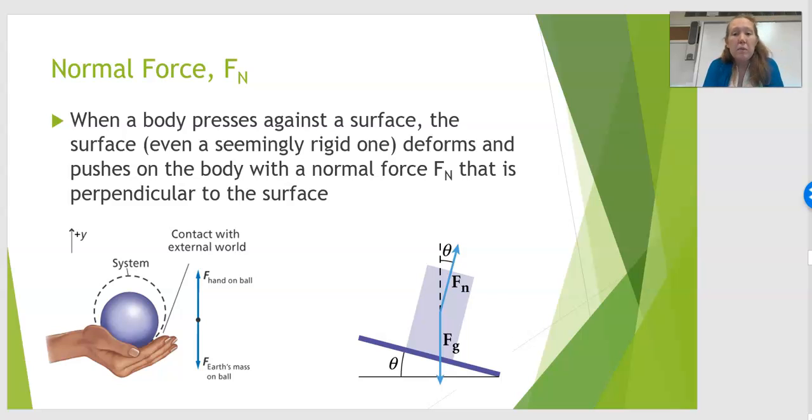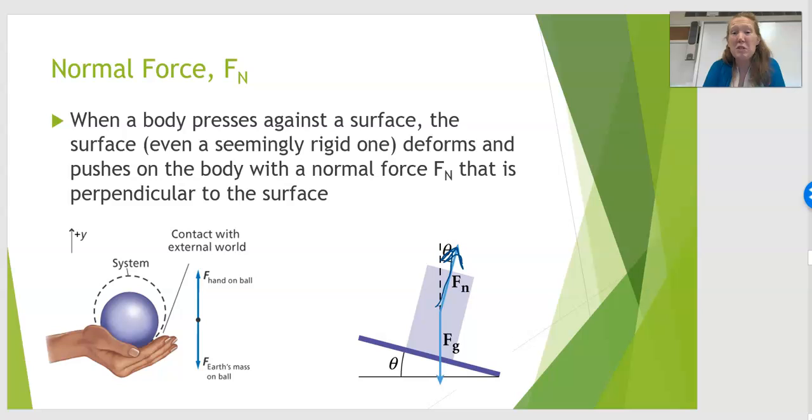Okay. Well then, what is keeping something from falling? If you're talking about you standing on the floor, it's the floor. If it's your book sitting on a desk, it's the surface of the desk. So we call that force that's holding something up the normal force. But it's not always an upward force. It depends. If the surface is at an angle like that ramp there, then the normal force is always perpendicular to the surface.